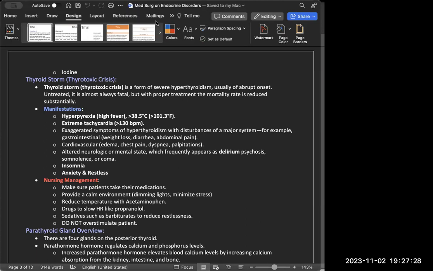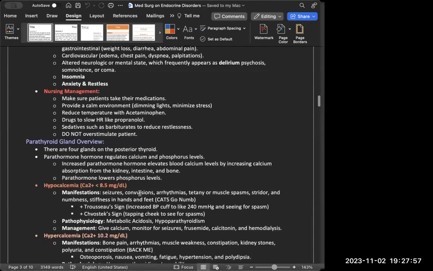Whereas in the comatose state, that patient is more getting confused and lethargic. So that's kind of the difference in the mental status changes, but it's the complete opposite. So we have bradycardia there, we have tachycardia here, we have hypopyrexia here, we have hyperpyrexia in thyroid storm. So everything is just polar opposites of each other.